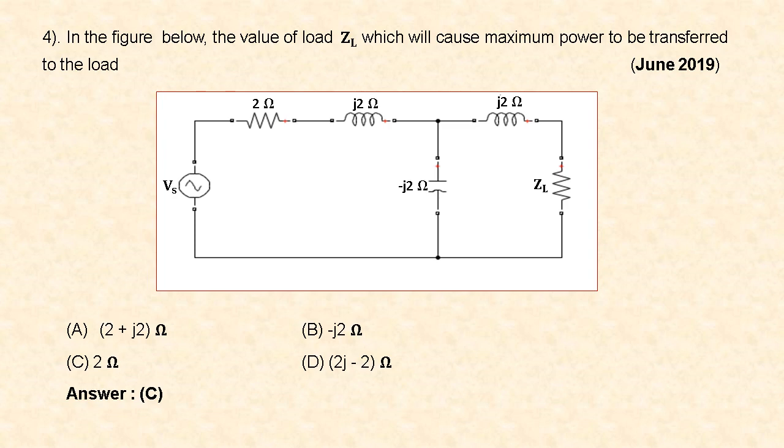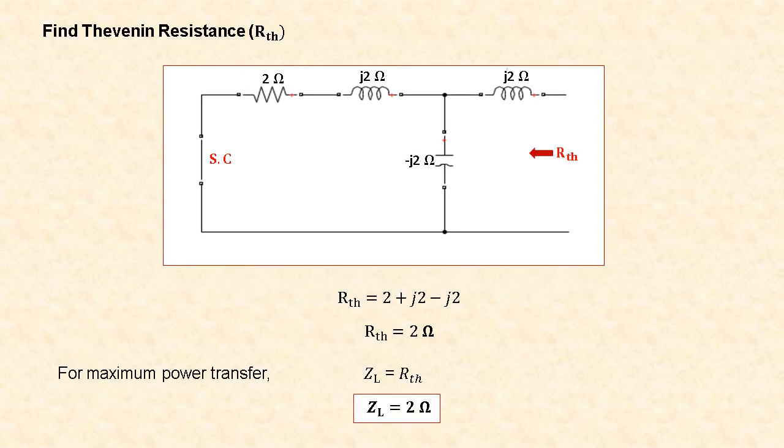Let us see how we got this. We know that maximum power is transferred from the source to the load when the load resistance is equal to the source resistance or Thevenin's equivalent resistance. So first we have to find the Thevenin's resistance. To find Thevenin's resistance, we have to remove the load resistor and short circuit the voltage source. After removing the load resistor, current through J2 ohm is equal to 0.